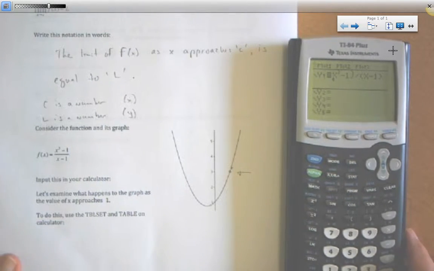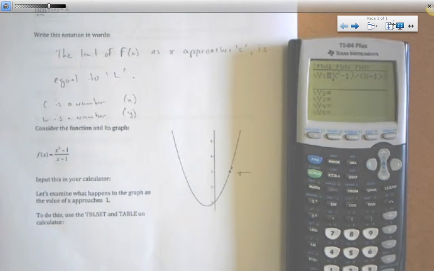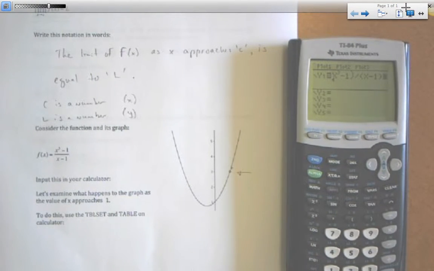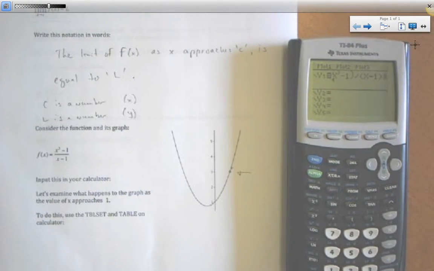Now I have to think about what it's going to look like on my screen. I want to look at it the same as what I have described here, already represented in the notes for you. So to do that, I'm going to go to Window, and right now I have it in another form, so I want to have it expressed the same way it is here.